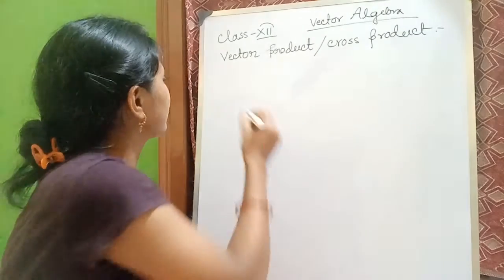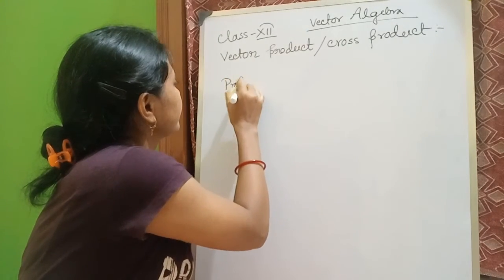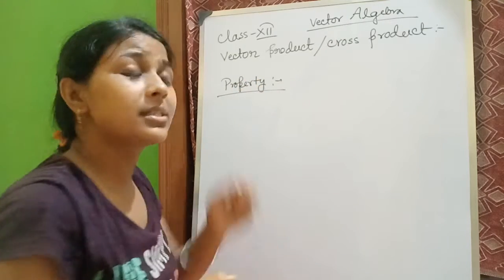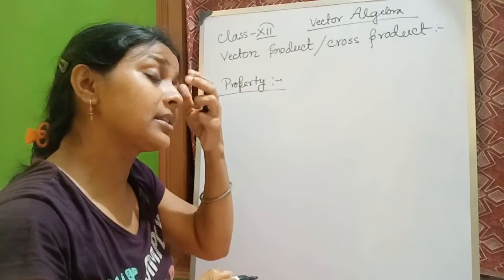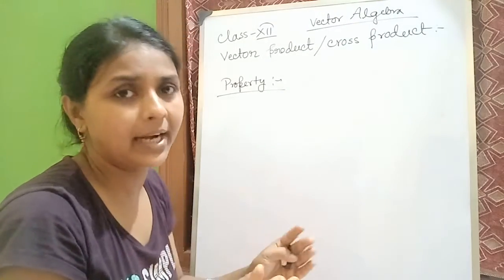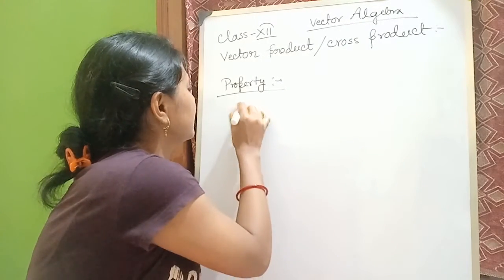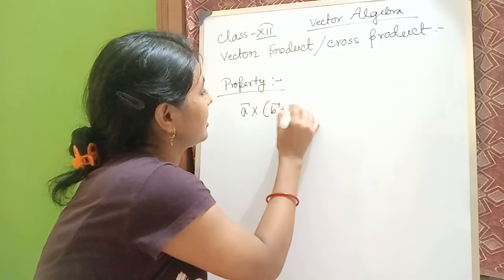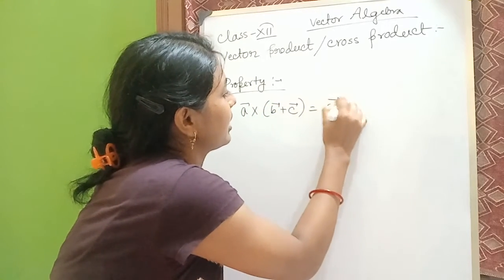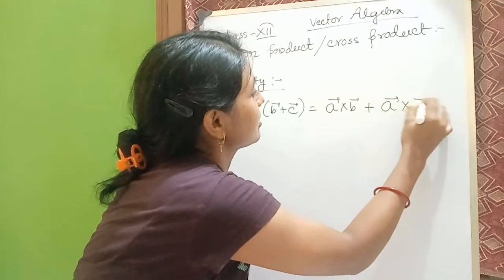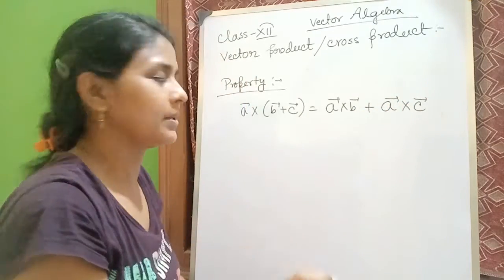Coming to the next, not observation, this next one is a property. That is the distributive law, the distributive law of cross product over addition. That is A cross (B plus C) is equals to A cross B plus A cross C. This is simple.